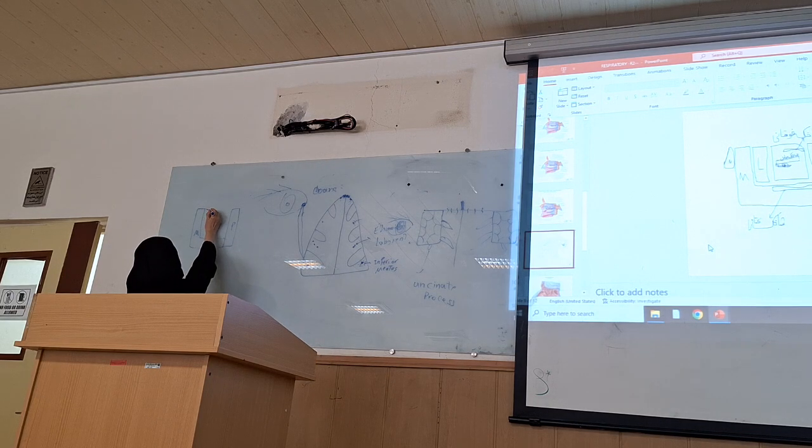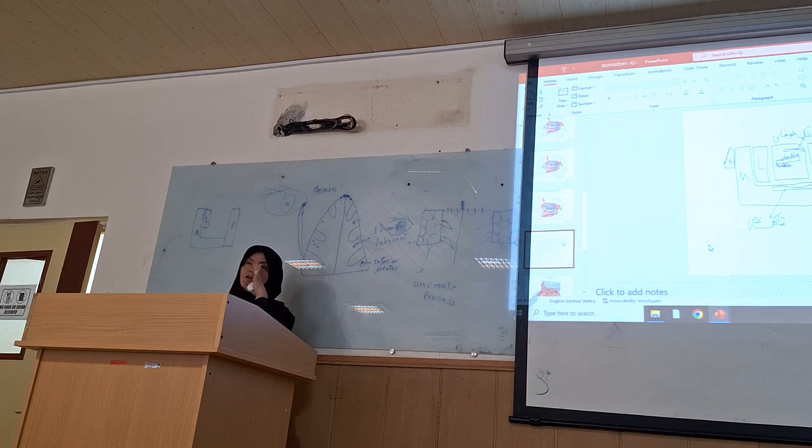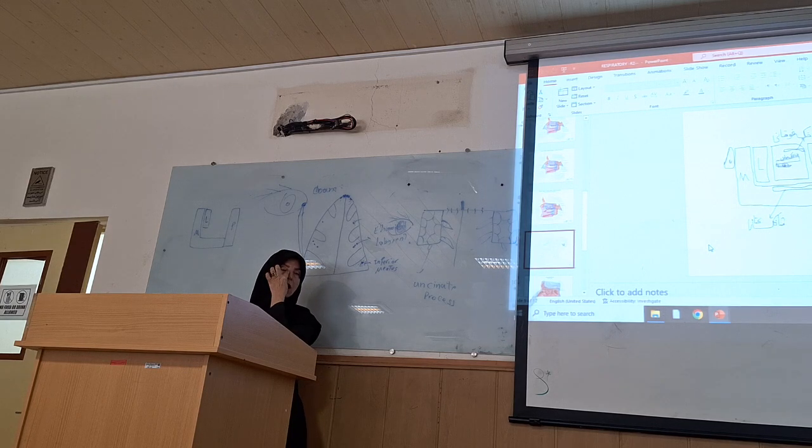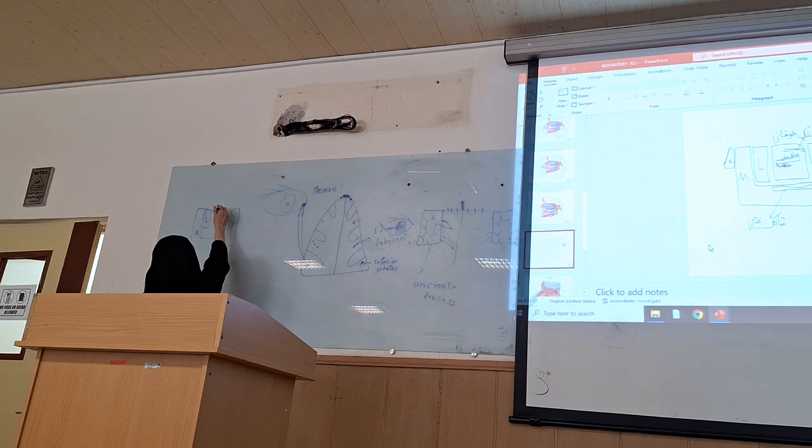Here you can find the lacrimal bone. In the lateral surface of the nasal cavity, the lacrimal bone also participates. If you look here, which bone participates here? The ethmoid.